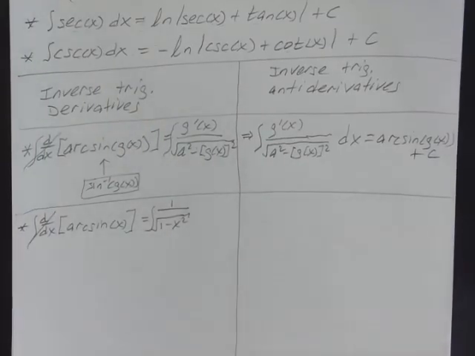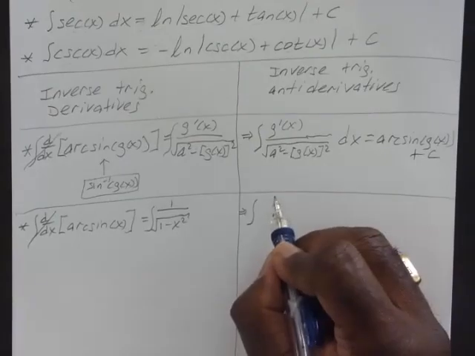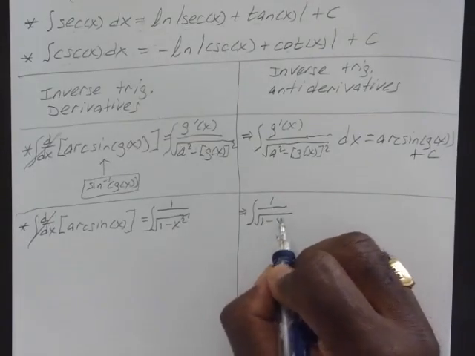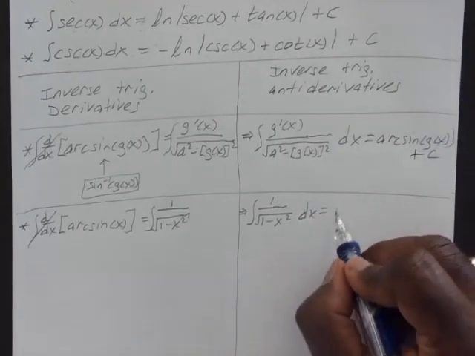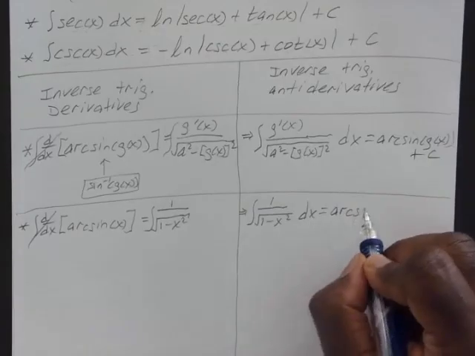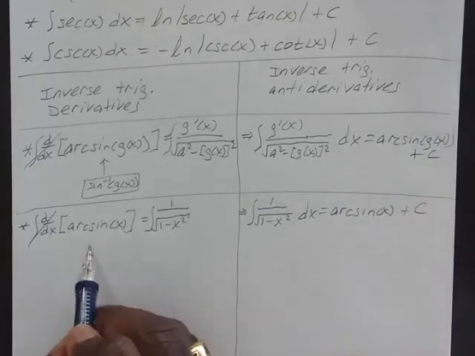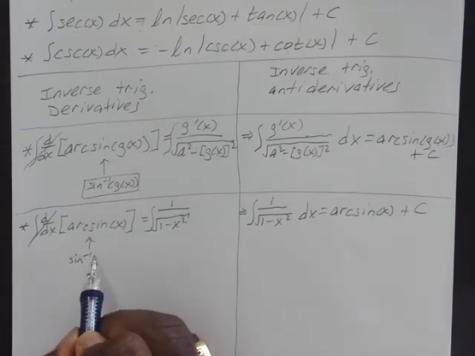The left side derivative and antiderivative would cancel out. So we know the antiderivative of 1 divided by the square root of 1 minus x squared with respect to x is equal to arcsine of x plus c. And remember, this is just another way to write sine inverse of x.